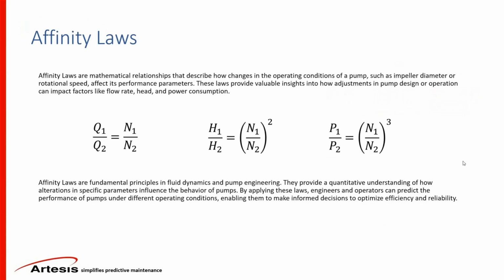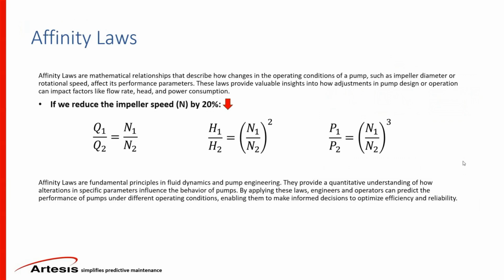The affinity laws are a set of mathematical relationships which provide insight into how changes in operation conditions, such as speed adjustments or impeller size variations, affect the performance and energy consumption of the pumps. This is essential for engineers and users to understand to optimize system performance and efficiency.